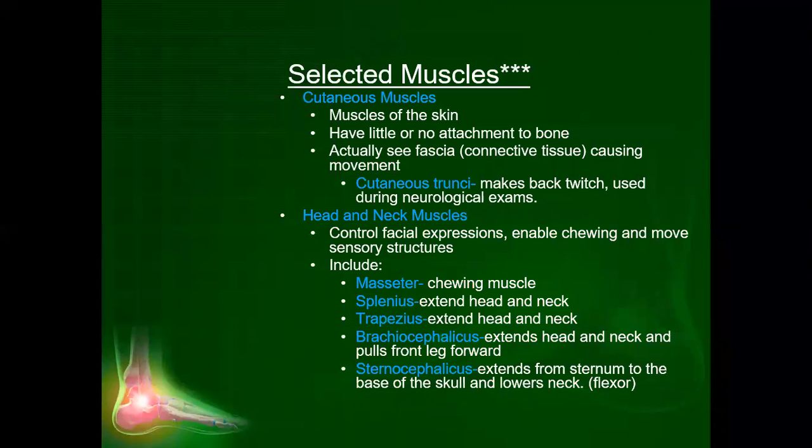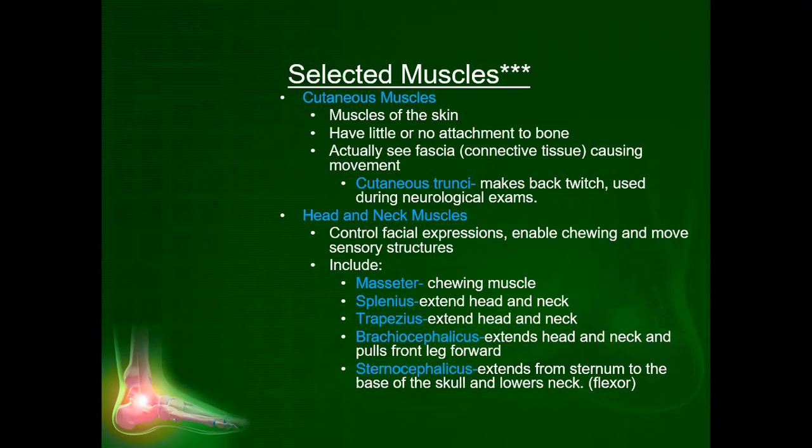That's their cutaneous trunci. These are muscles that are attached to the skin, and that makes their back twitch. The cutaneous trunci are also attached to the pilli, the follicular pilli, which is a muscle that causes your hair to stand up. So when cats and dogs have their hackles stand up, that's being helped by this cutaneous trunci.